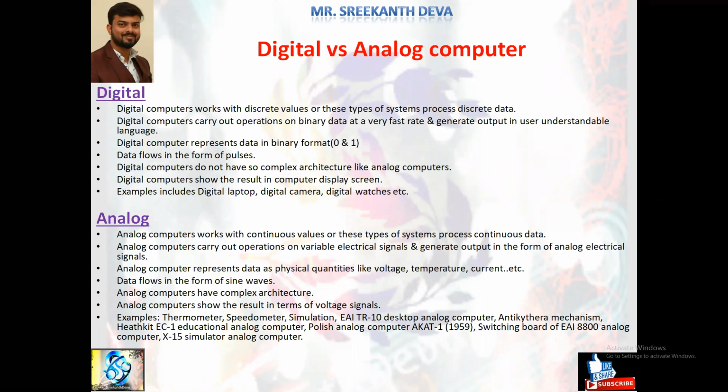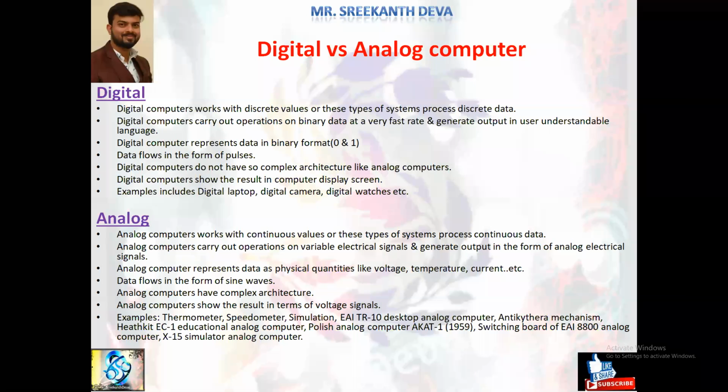A digital computer can perform one calculation at a time, but analog computers work in parallel, simultaneously. Digital computers are used in several real world sectors like banking, manufacturing, personal use, reservations, booking, everywhere in the real world environment.